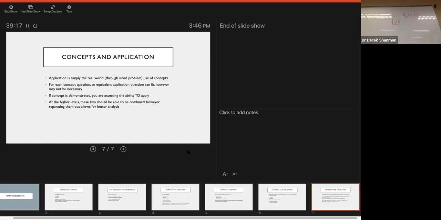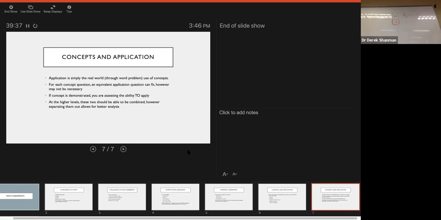At the older grades, what we end up being able to do is rely on these application questions to test the concept as well, right? It's not as clean that way because you are simultaneously testing both concept and application.